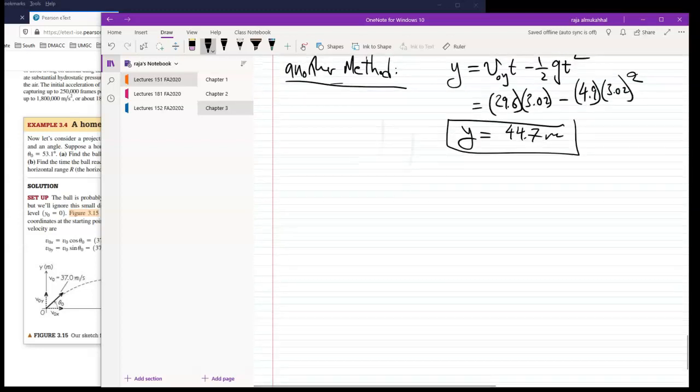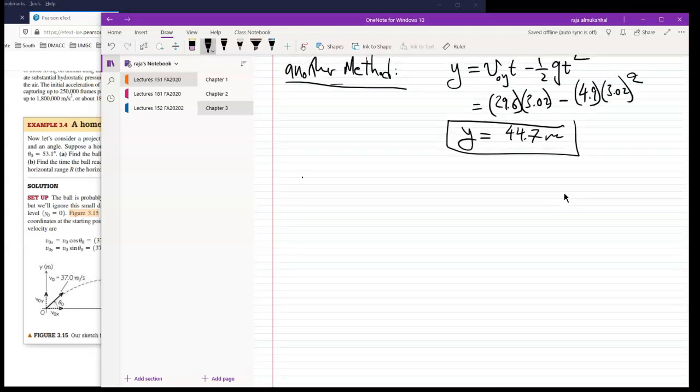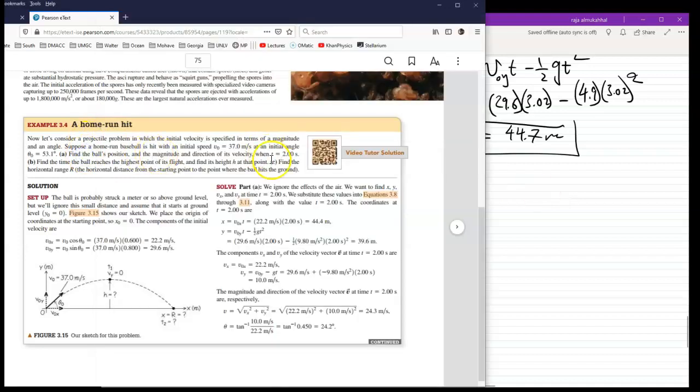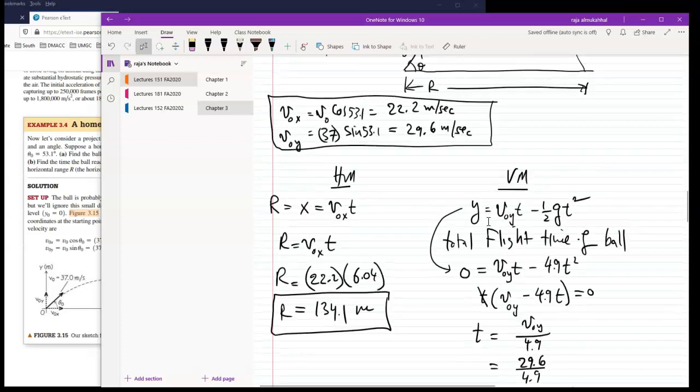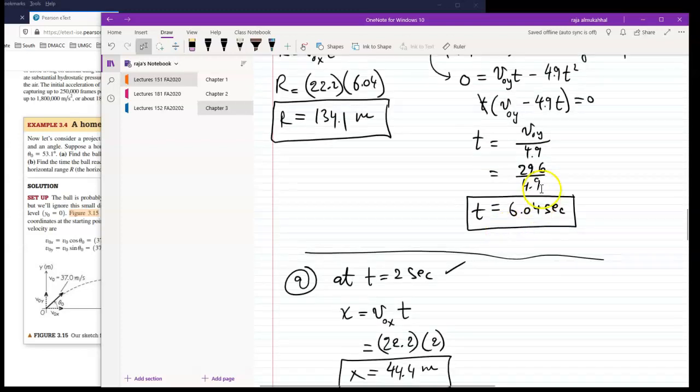And then the last part of this problem, part C, it says find the range of the, oh, we already did that, right? This is like when we did it at the very beginning. Remember the range? You said the range is 134.1.